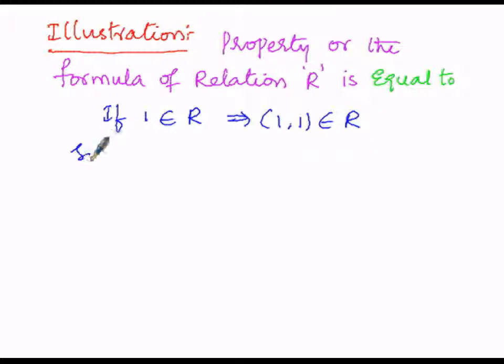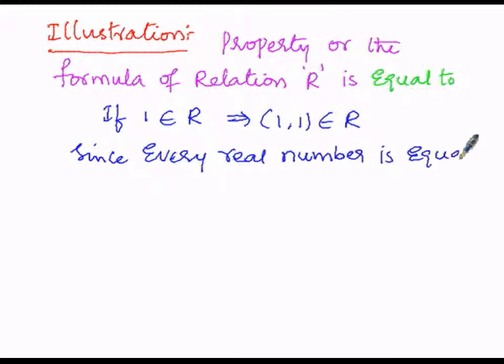Since every real number is equal to itself, we assumed one element, that is 1, which belongs to this particular set A, then automatically 1 comma 1 also belongs to this relation R. So 1 is equal to 1.